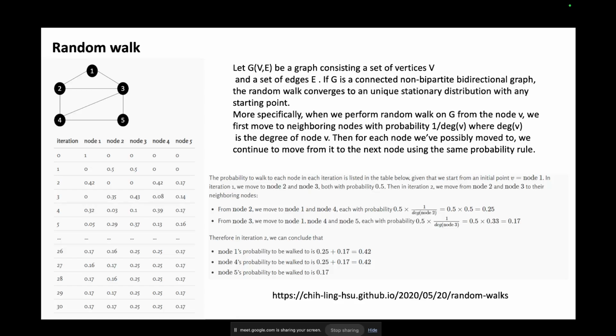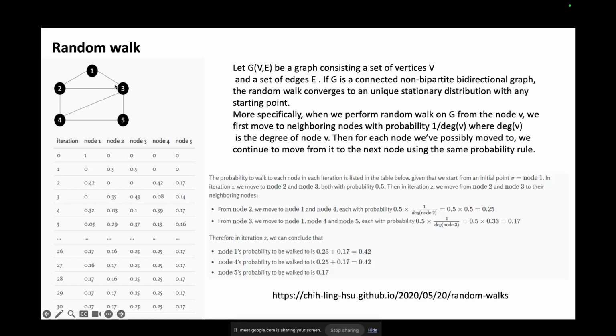And by the probability rule, we move from one node to another. Say, for example, take this particular iteration of random walks, right? So you are in node 1. Your probability of staying at node 1 is 1. Let's assume this. Now from 1, you can move to node number 2 or node number 3, right?